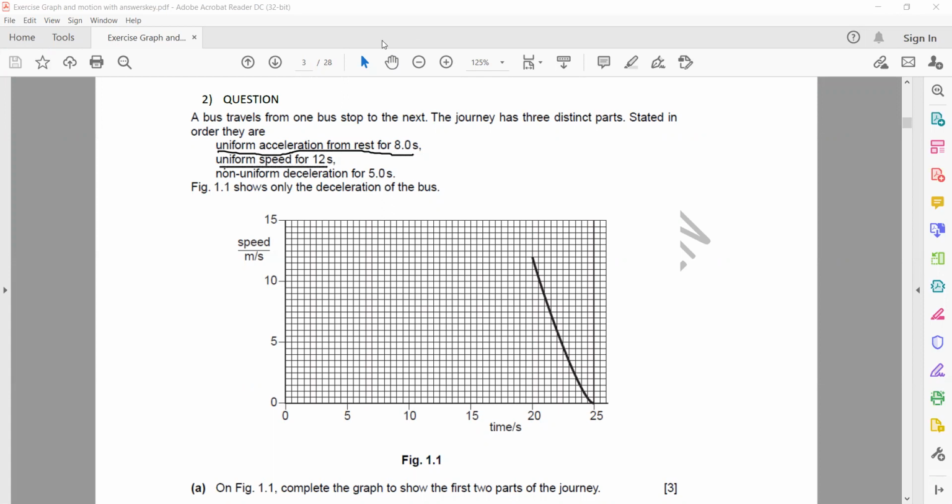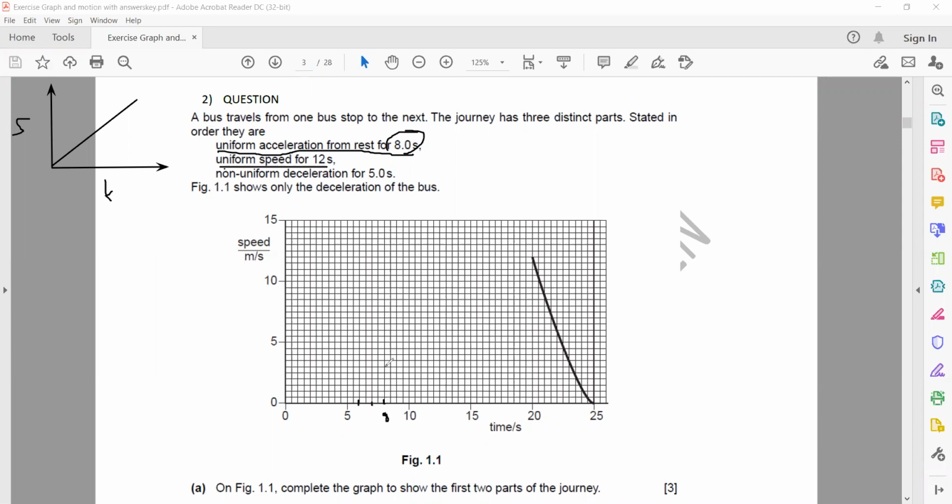So what should be the shape of the graph for the first part? If it's a uniform or constant acceleration, as we just discussed, it will be a straight line. So we have to draw a straight line, but till what point? For 8 seconds. So we'll check the axis here. Each box represents 1, so 5, 6, 7, and 8.